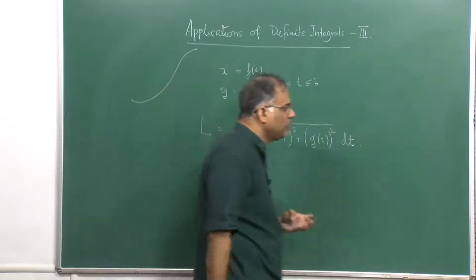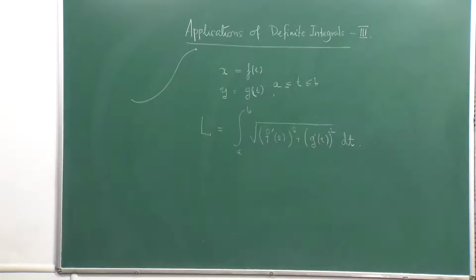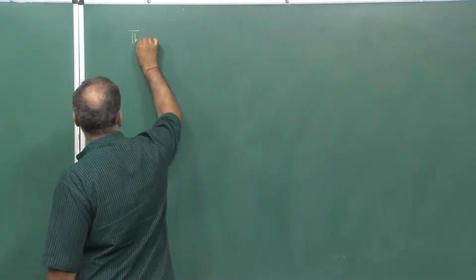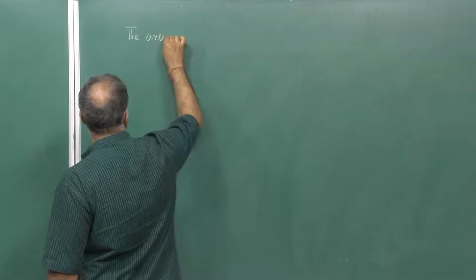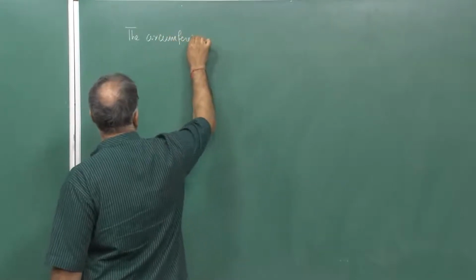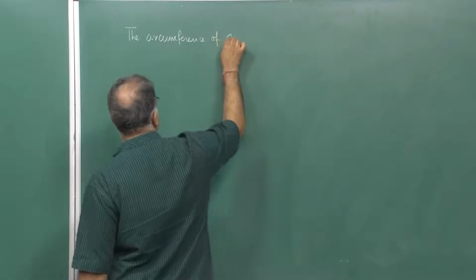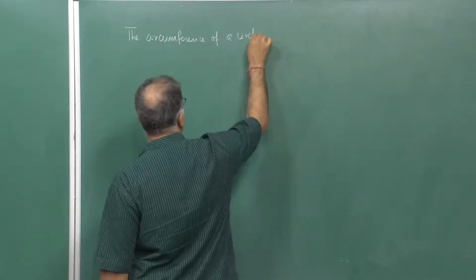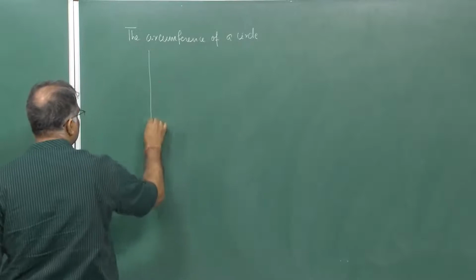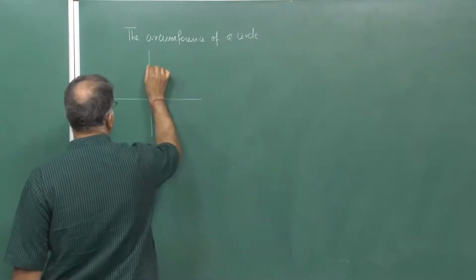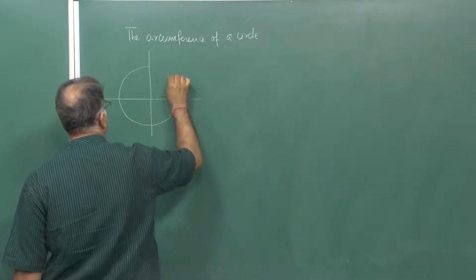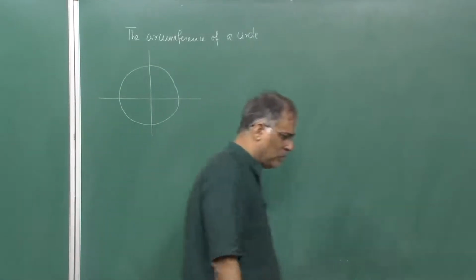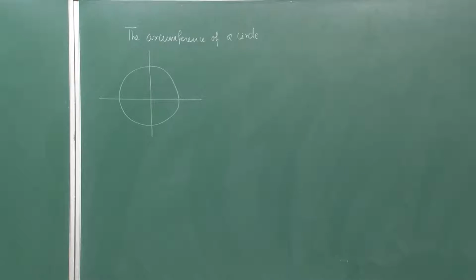So, first you have to start with the most simple object of all, but the most intriguing object of all, the circle. So, the circumference of a circle. Let us try to draw it. So, here is a circle, say of radius r.